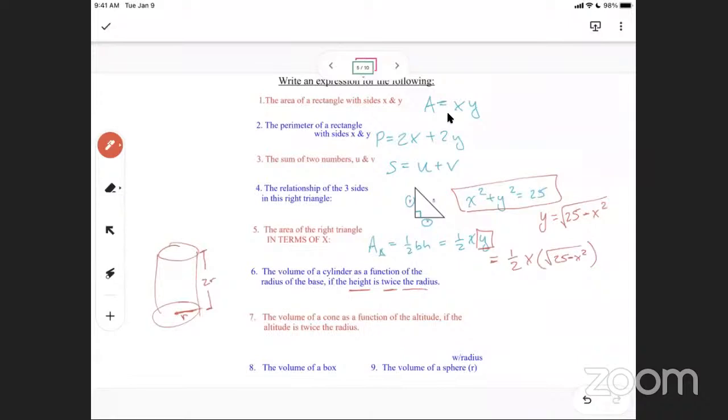So it's pi r squared times 2r. Cleaning that up, it would be 2 pi r cubed.